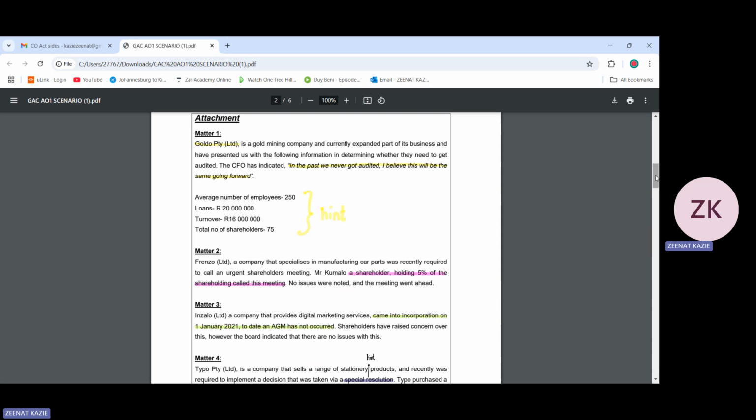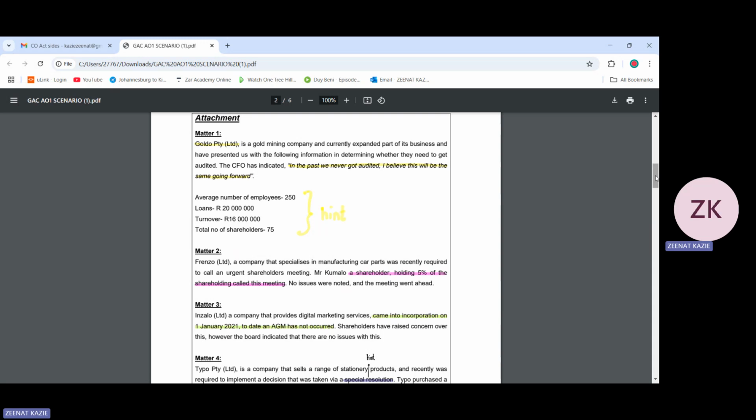And then they say it is a gold mining company that has currently expanded part of its business and has presented us with the following information in determining whether they need to be audited. The CFO has indicated in the past we never got audited. I believe this will be the same going forward. Then they give you the average number of employees, the loans, the turnover, and the total number of shares. So as you're reading, automatically you should be thinking that this is something the CFO said, and it's in relation to being audited.